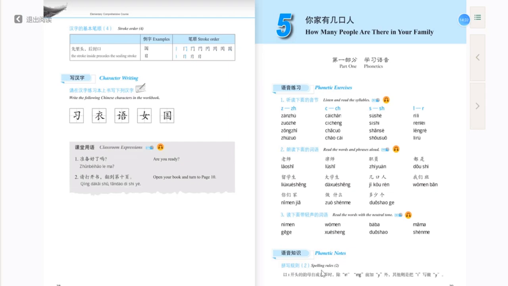Like non-initial plus I, U, Ü, and non-initials plus some other initials beginning with E, U, and Ü. These are just the spelling rules of Pinyin. So please review the spelling rules knowledge from previous lessons by yourself. We won't repeat the spelling rules again in the following lessons.